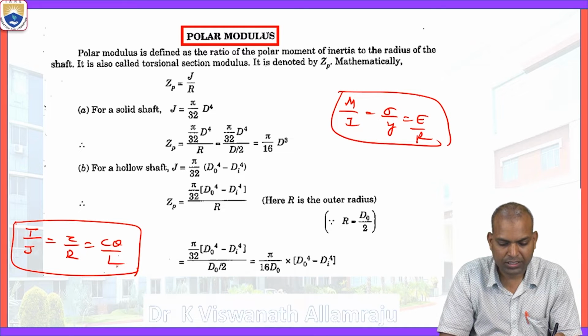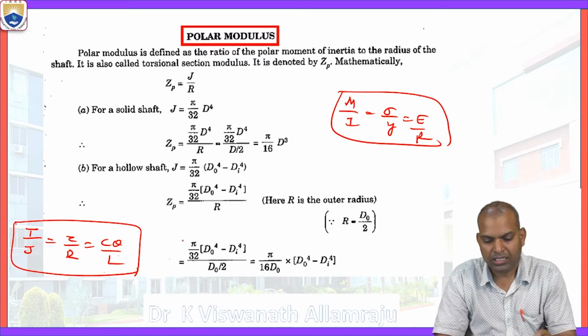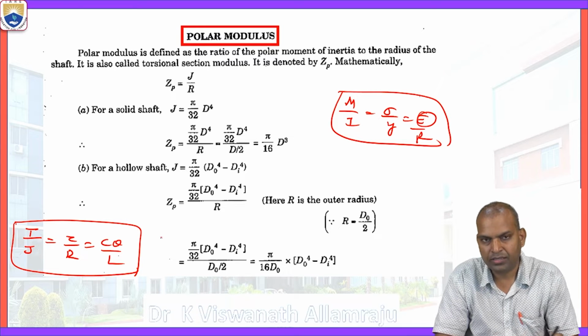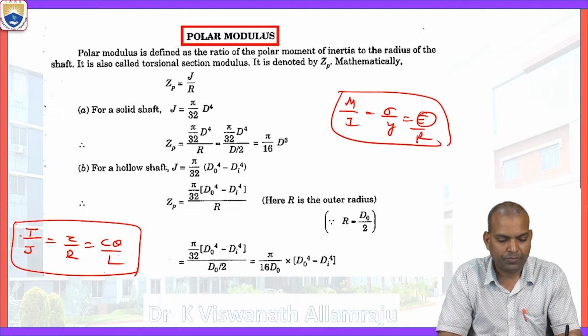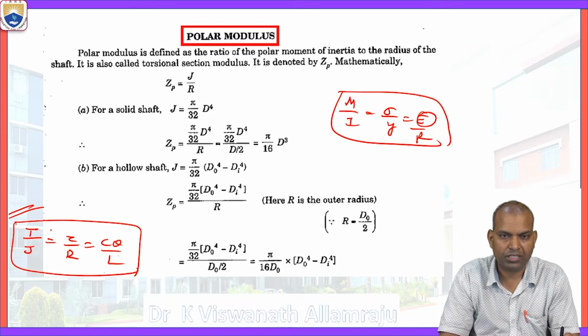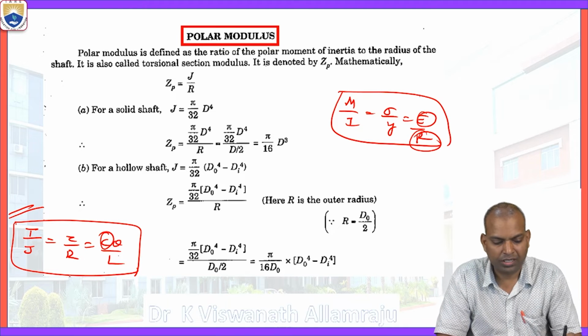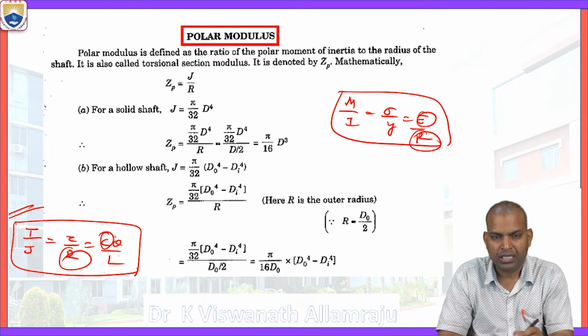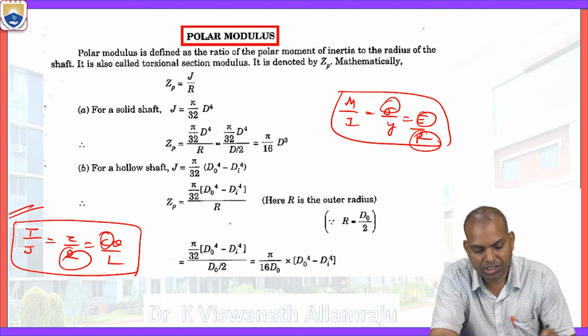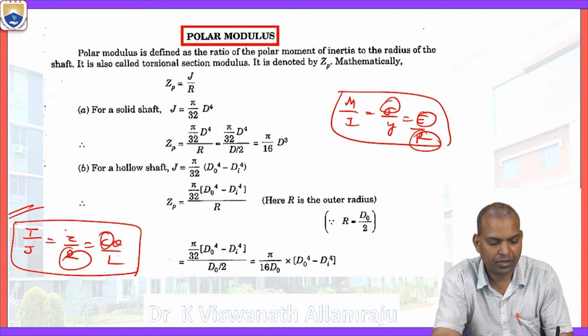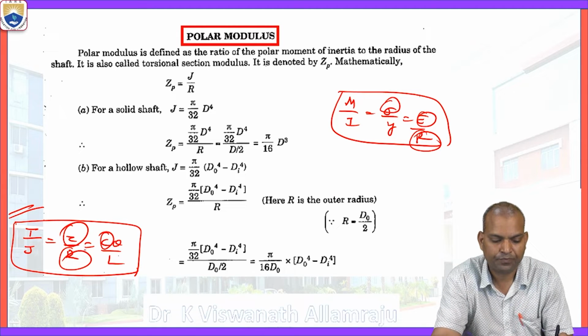Now here, the similarities: in the case of pure bending, E is the modulus of elasticity, whereas in the pure torsion equation related to shear stress, the modulus of rigidity is C, and R is the radius of curvature in bending. In pure bending there is the bending stress, whereas in the torsion formula there is the shear stress.